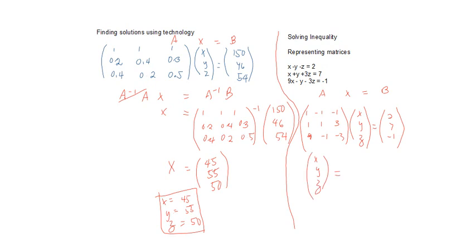equal to pre-multiply, right, inverse of A. So instead of writing the inverse here, you can just copy. So 1, negative 1, negative 1, 1, 1, 3, 9, negative 1, negative 3, inverse of that times B: 2, 7, negative 1.